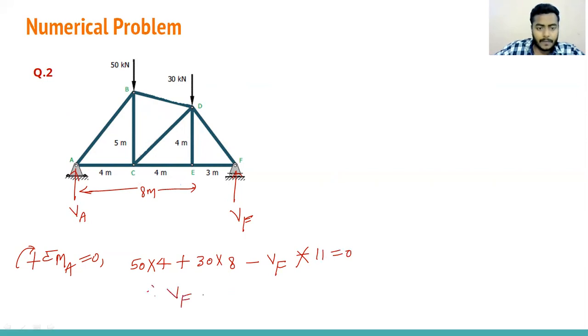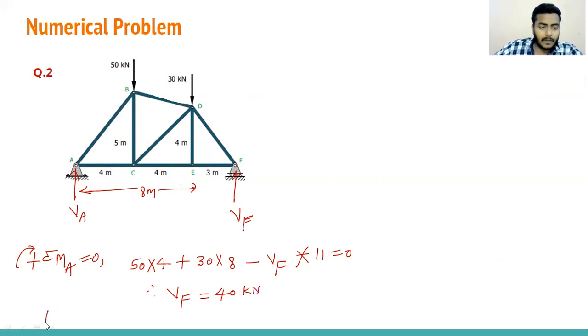So VF, vertical direction at F, we can get, I guess 40 kilonewton.